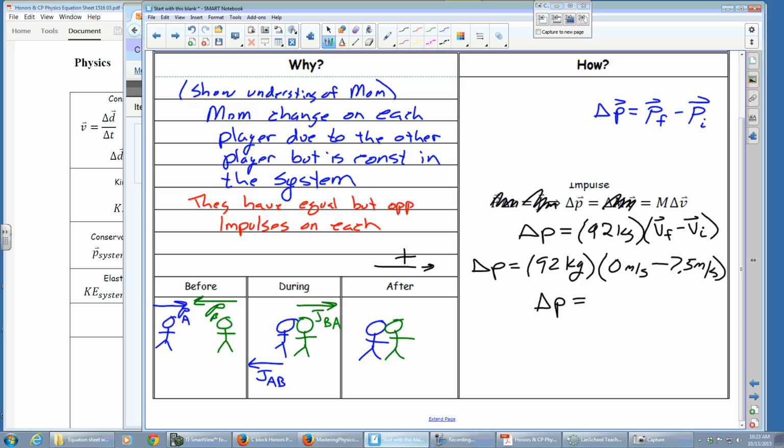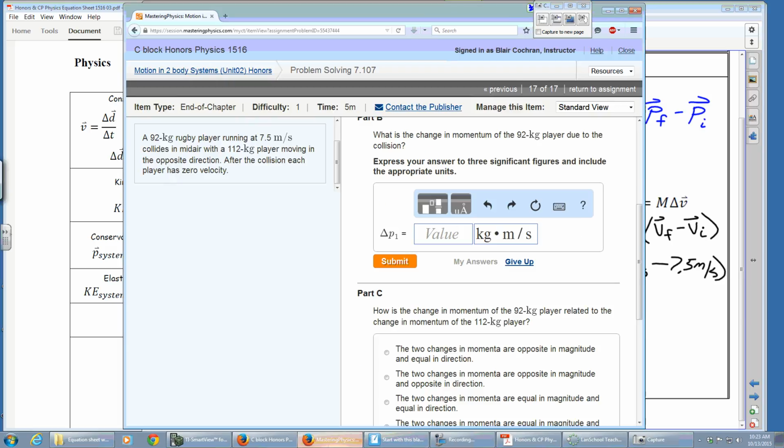The big mistake I bet some people made was you need to make sure that it's always final minus initial. That's where that negative comes from, because if you do initial minus final, it stays as positive.